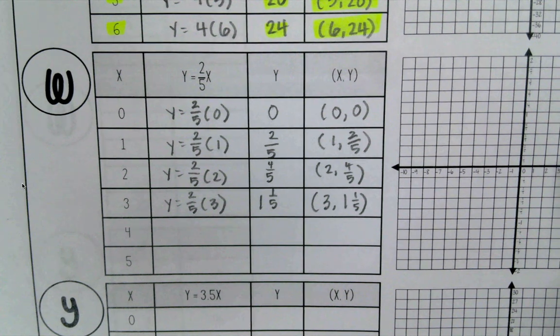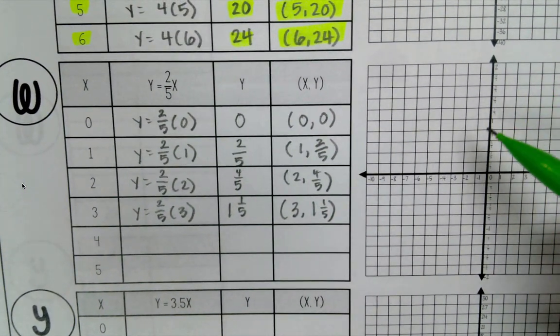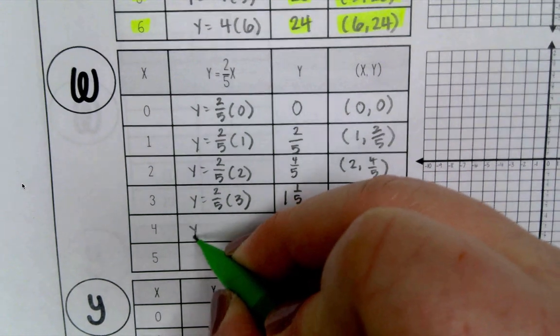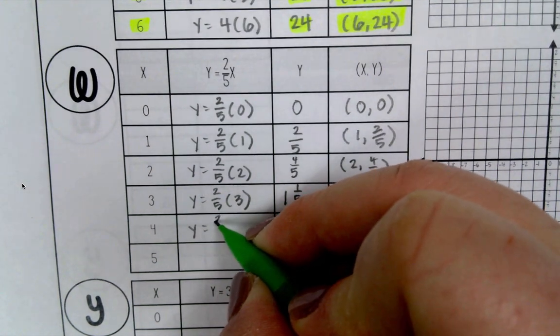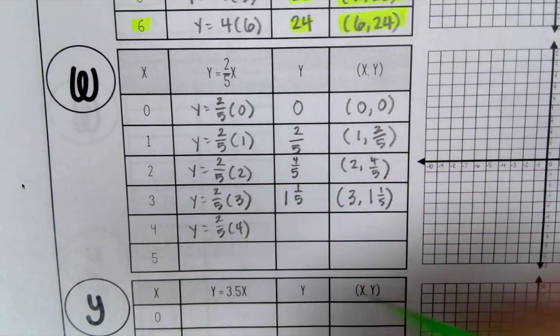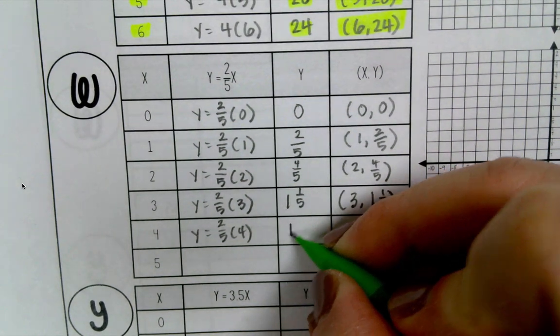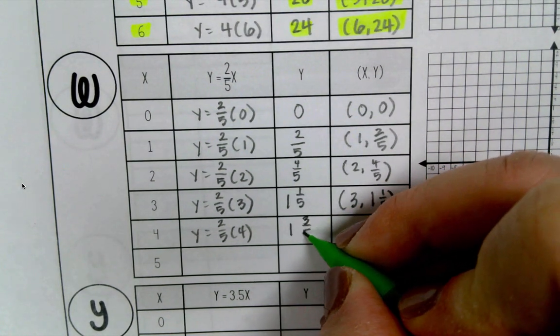You see over here on my graph, they set us up again for perfection. Y equals 2/5 times 4. So 2/5 times 4, 1 and 3/5.